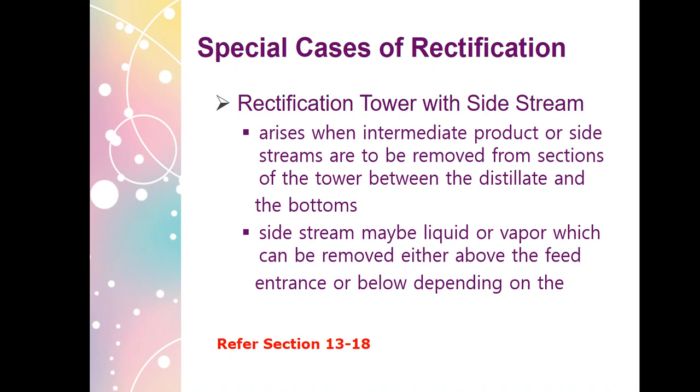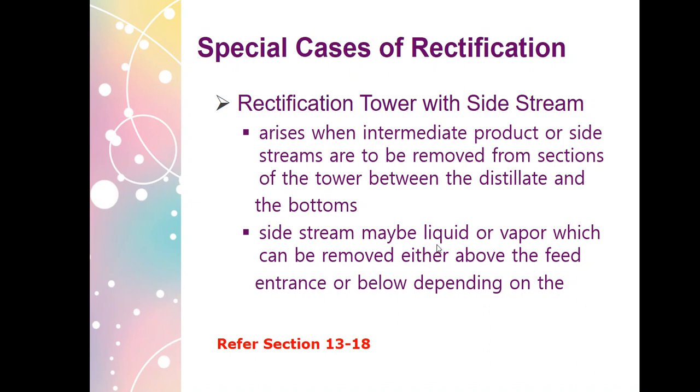So depending on what you are trying to recover in a particular fractionating process, if you want to recover a particular side product from a particular section because that's what you are interested in, then that's possible in distillation. It's not always the case that you only have one product removed from the condenser wherein all the vapors have been condensed already.